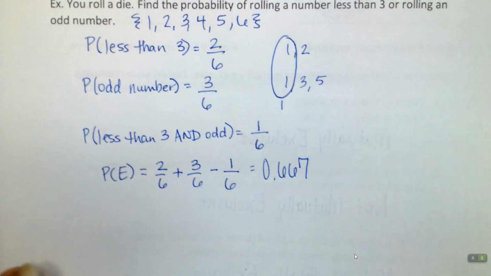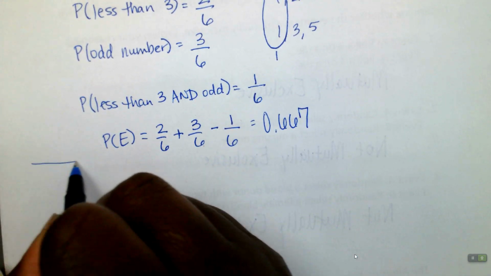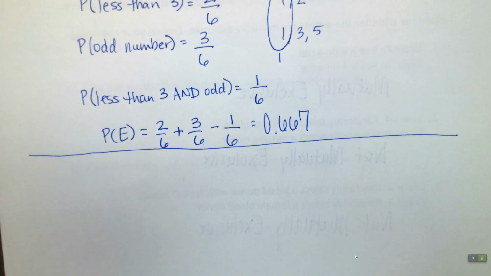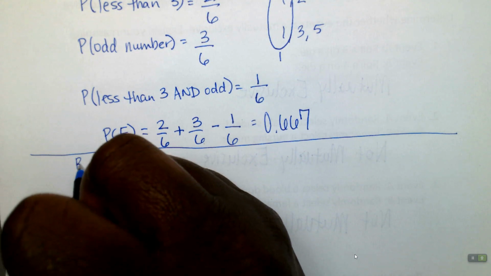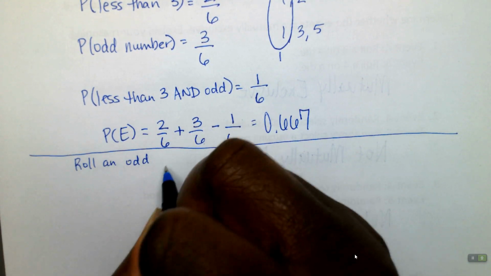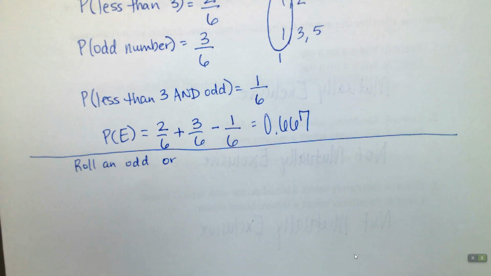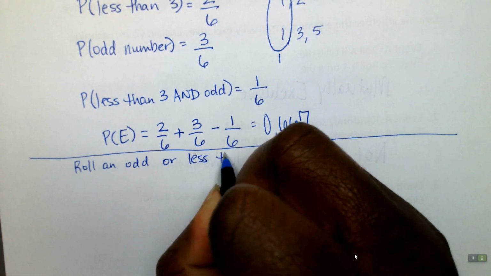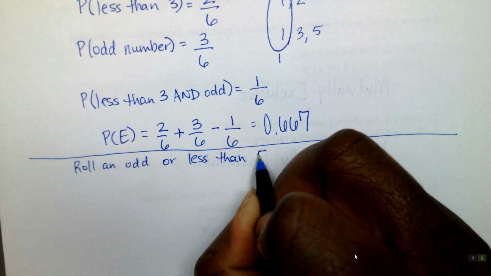I did want to do another one of these just to make sure you're good. So let's do roll an odd or less than 5.